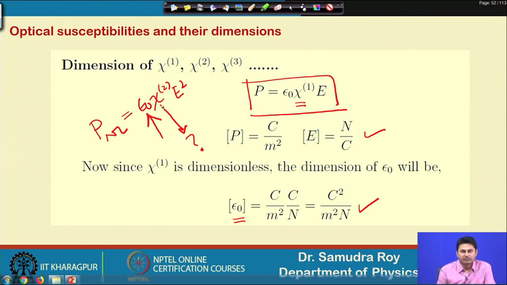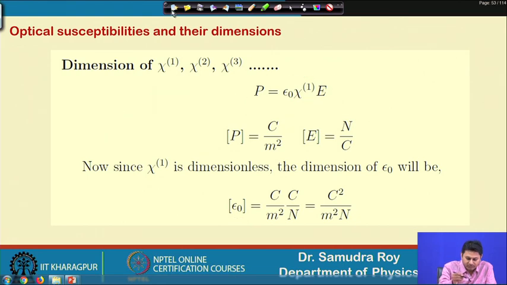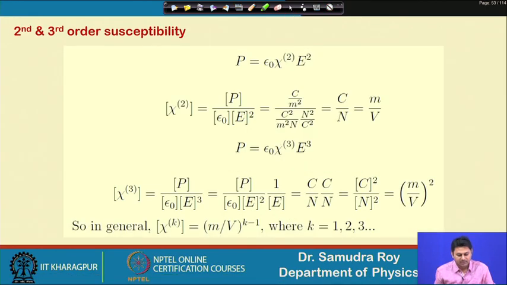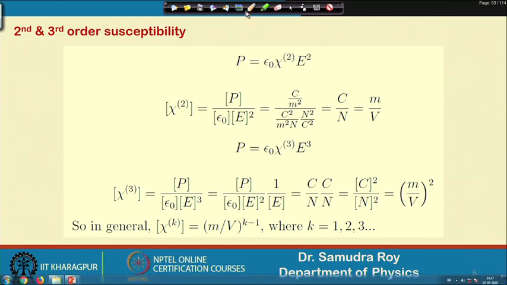In the same way, I can find out the dimension of chi 3 and so on. So, that is why the dimension of epsilon 0 is important. So, epsilon 0 dimension is now known, it is coulomb square divided by meter square Newton. Once it is known, we just use that to find out the dimension of chi 2 and higher orders. So, okay. Here, as I mentioned in the previous slide, I would like to find out the dimension of chi 2.